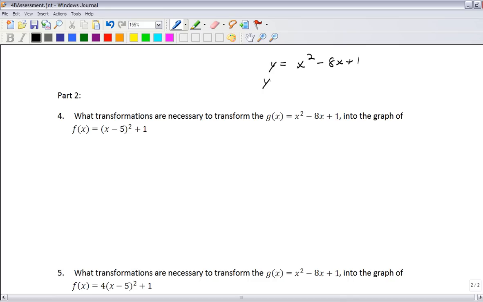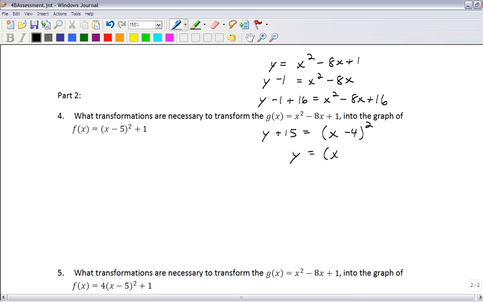Well, that's equivalent to y minus 1 equals x squared minus 8x, which is equivalent to y minus 1 plus 16 equals x squared minus 8x plus 16, which is equivalent to y plus 15 equals x minus 4 squared, y equals x minus 4 squared minus 15. So you want to go from the yellow to the green.